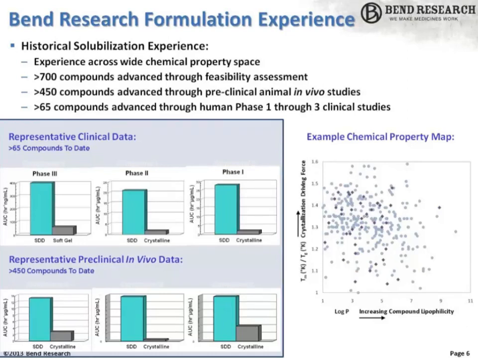And you can see that we've seen and formulated a wide variety of compounds. In fact, it's very much a shotgun spray across the chemical property space, showing that amorphous dispersion technology is quite applicable to a wide variety of physical-chemical spaces.